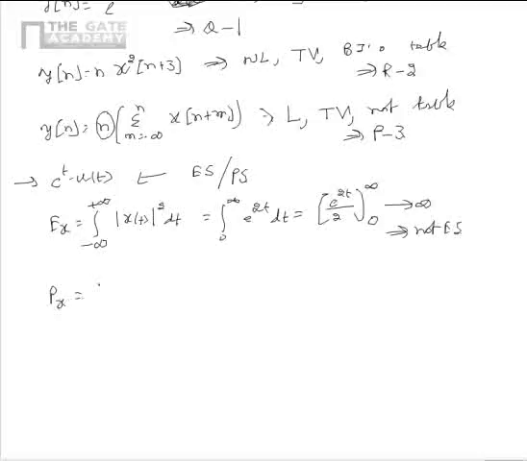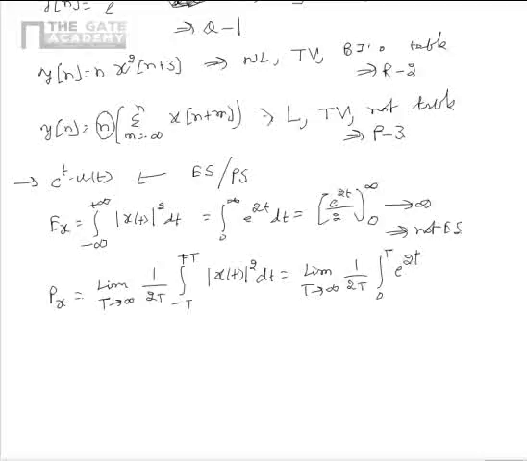Similarly, we can find the power of the signal as Px = limit T tends to infinity of 1/(2T) ∫ from -T to +T of |x(t)|² dt, that is equal to limit T tends to infinity of 1/(2T) ∫ from 0 to T of e^(2t) dt. This can further be simplified as limit T tends to infinity of 1/(2T) [e^(2t)/2], limits being T to 0.